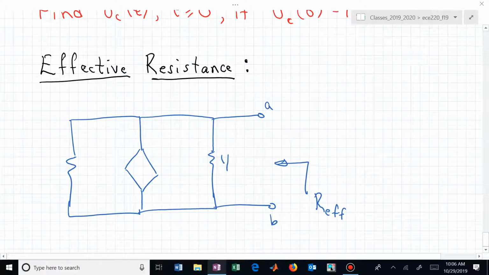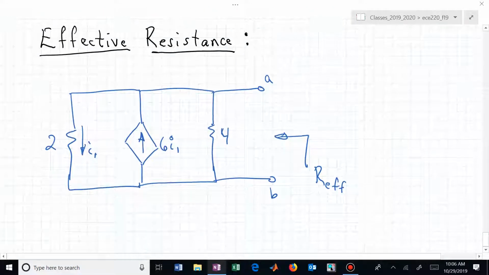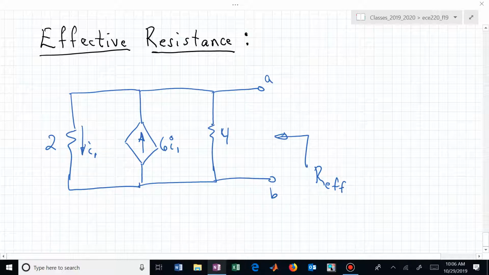This was 4, this was 2, and this actually defined our dependent variable I sub 1, and this dependent source was a dependent current source of 6 I sub 1. How do we find R effective? This is a review for the final.